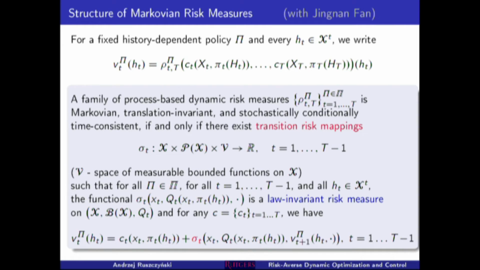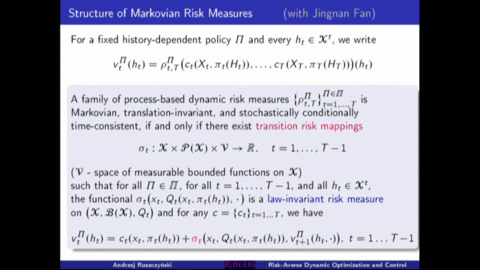So the risk at time t can be expressed as the cost at time t and a certain mapping that takes three arguments. The first argument is the current state. The second argument is the distribution of the next state. This distribution of the next state, obviously, is a function of control. And the third argument is the risk of the next history.